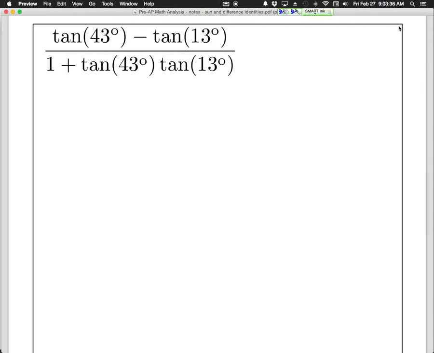Oh, it's tangent of A minus B. So this is equal to tangent of 43 minus 13, which is equal to tangent of 30. And what is tangent of 30 equal to? Square root of 3 over 3. So this ugly thing is equal to radical 3 over 3. So it's going in the reverse direction. That's it on that.